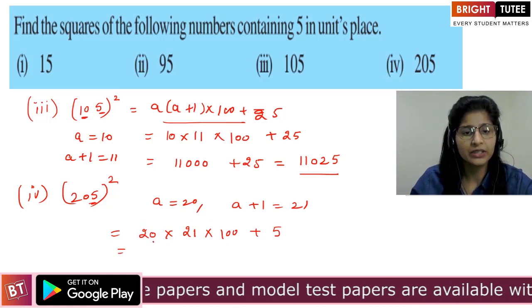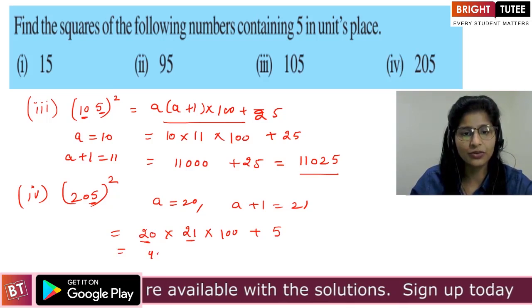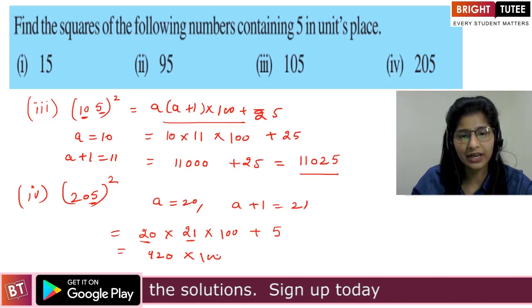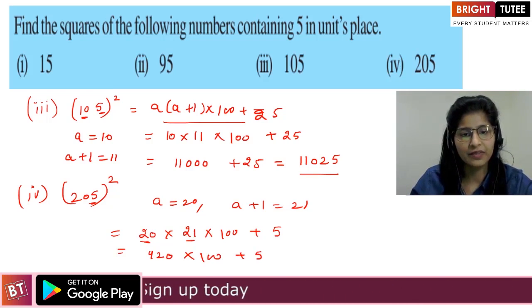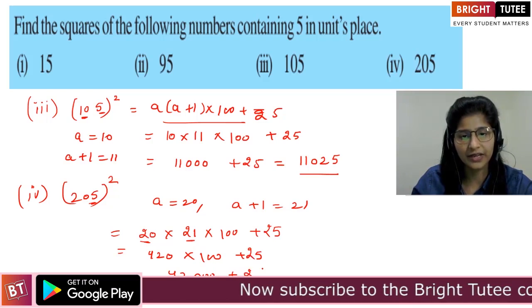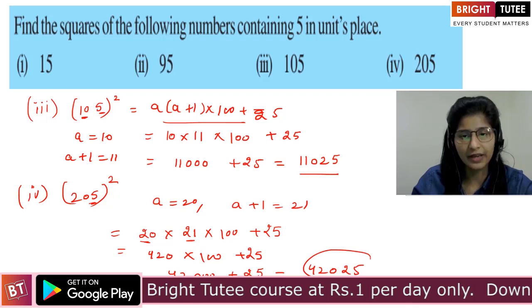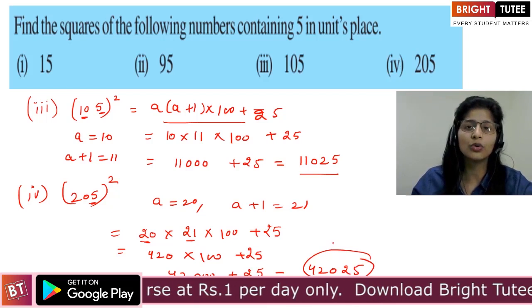Just to see, 21 into 2 is 42. So we get 420 multiplied with 100 plus 25. We get 42,000 plus 25. So we get 42,025. This will be the square of 205.